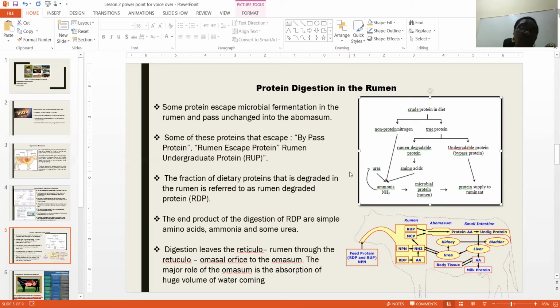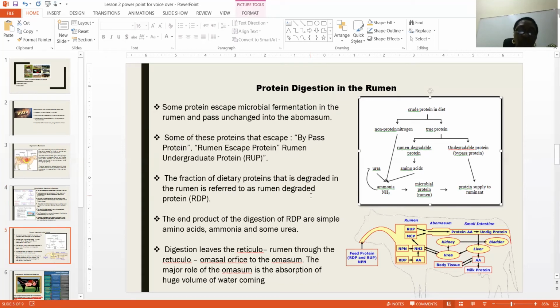And some of the urea is also utilized, like we said, by microorganisms to synthesize proteins. When the digestion process is completed, the digesta leaves the reticulorumen through the reticulo-omasal orifice to the abomasum.